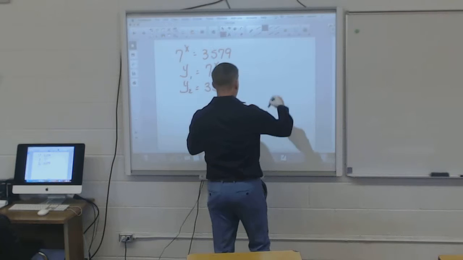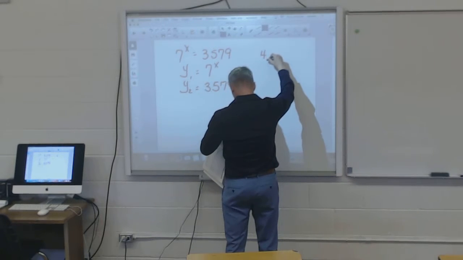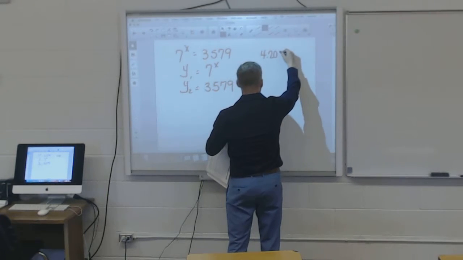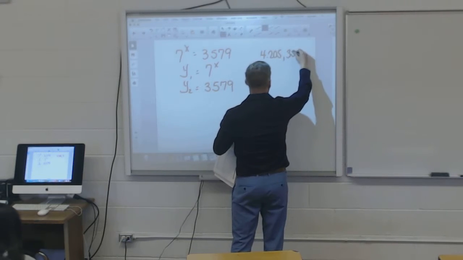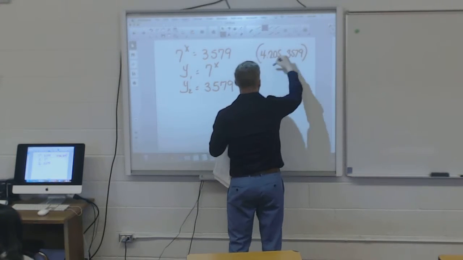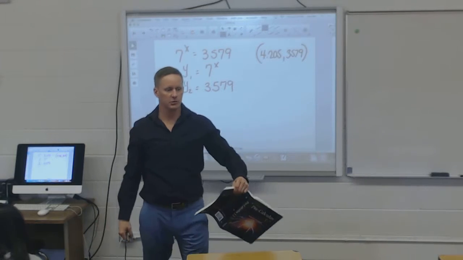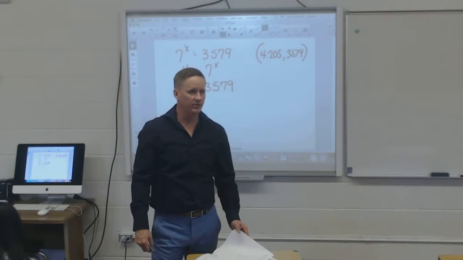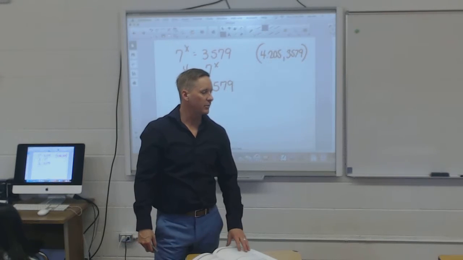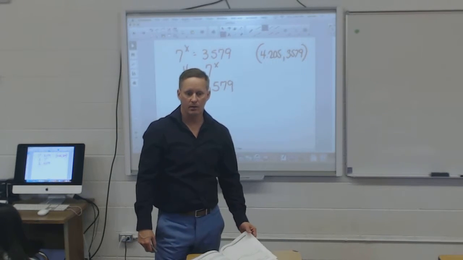So it looks like that's your solution. Okay? I don't think I need to go through the calculator work with you. Just change your window, you get it to work, okay?